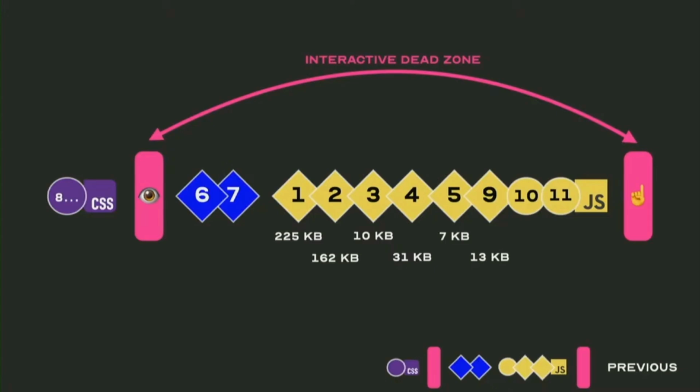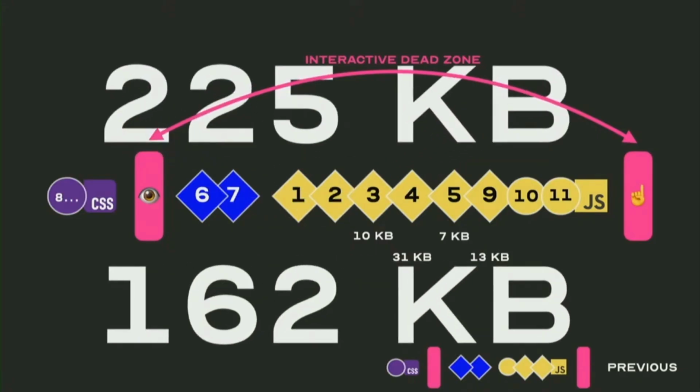And you're hoping that the user doesn't try to interact with the page in between when they can see it and when it is available to be interacted with, when the JavaScript has finished. And again, this is just more and more kilobytes injected into this interactive dead zone, widening that gap.